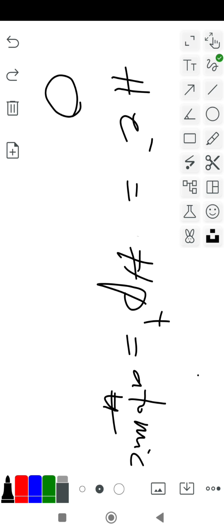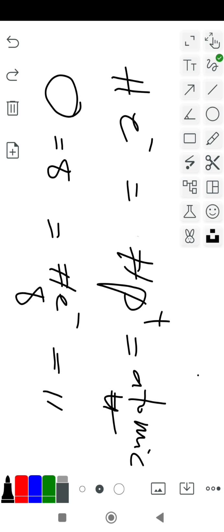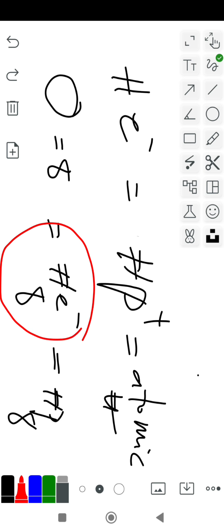For example, oxygen has an atomic number of 8. Therefore, it has 8 electrons and also 8 protons. Take note that here, we will be focusing on the number of electrons.